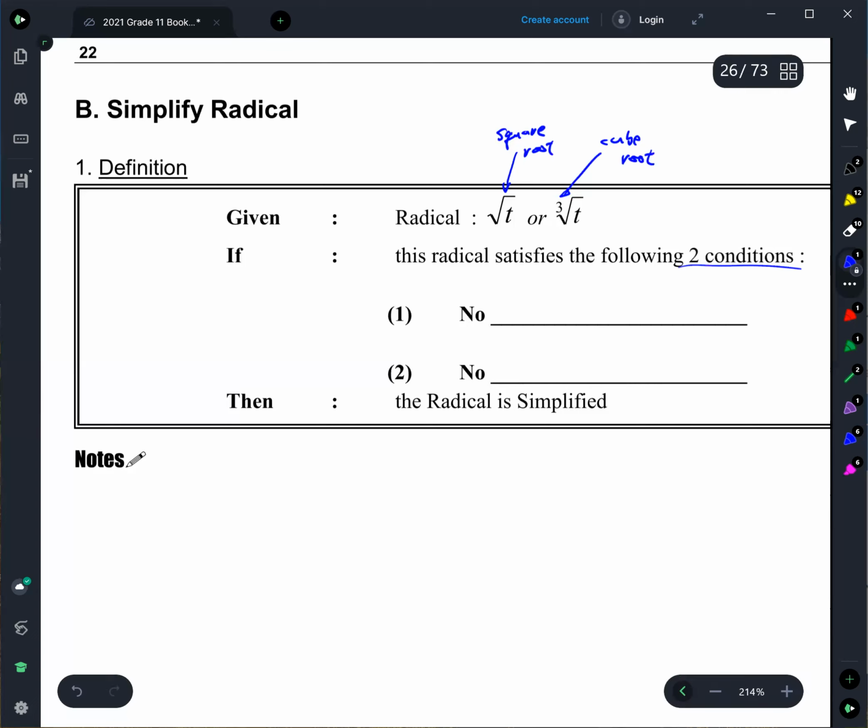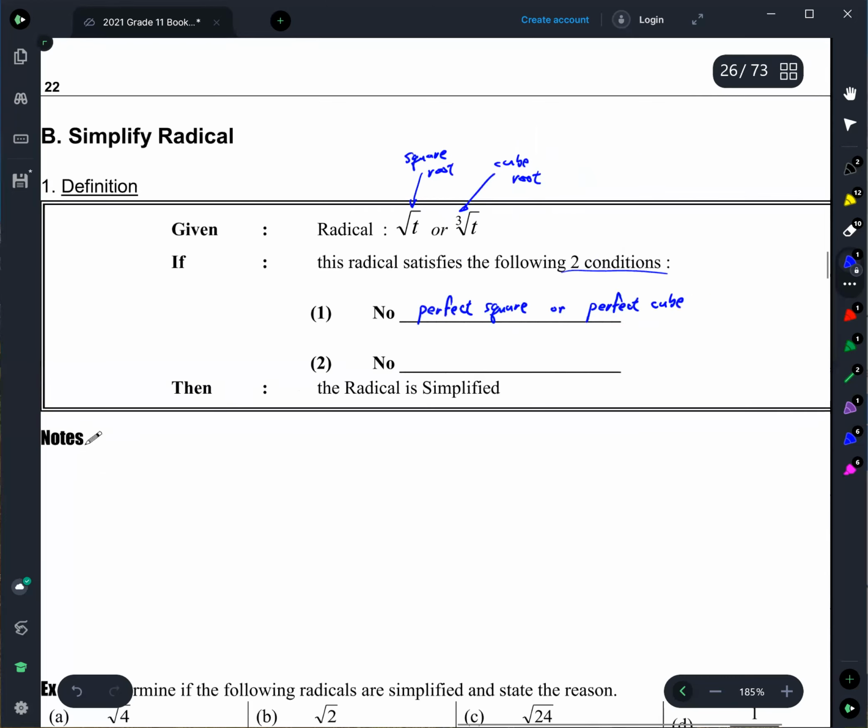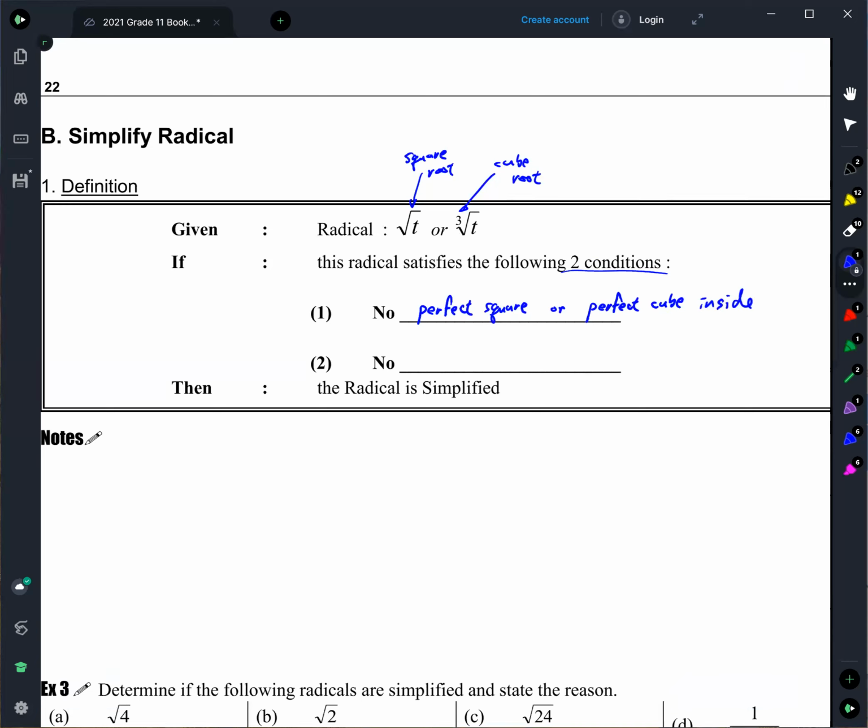First one, there is no perfect square or perfect cube inside. If it's a square root, then you don't want to have a perfect square. If the question has a cube root, then you don't want to have a perfect cube inside. I'll explain the second condition later. Right now, just write this down first and I'll explain what that means.